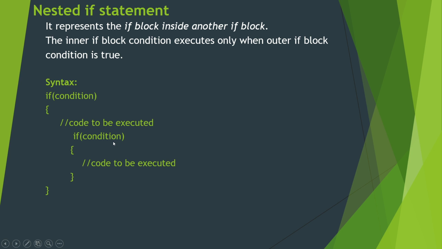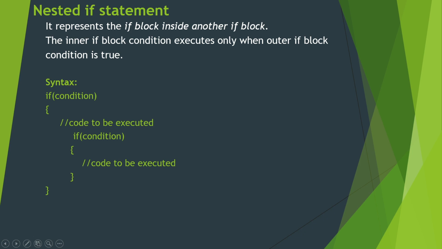This inner if will execute if and only if the outer if condition is true. When the cursor goes to the inner if statement and its condition evaluates to true, then it will execute the code inside the inner if statement.